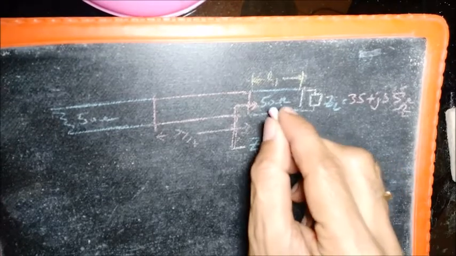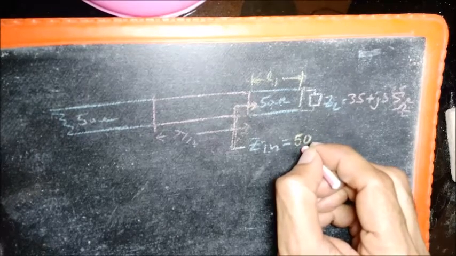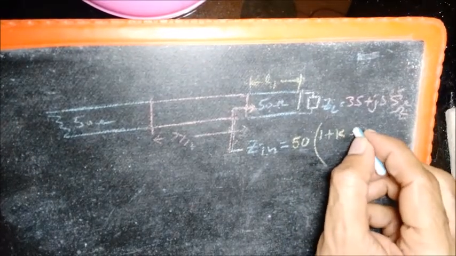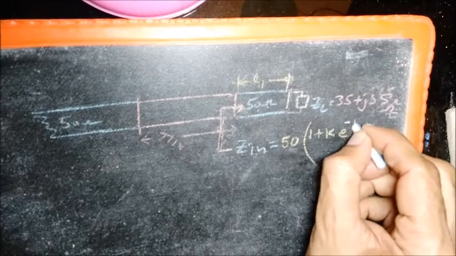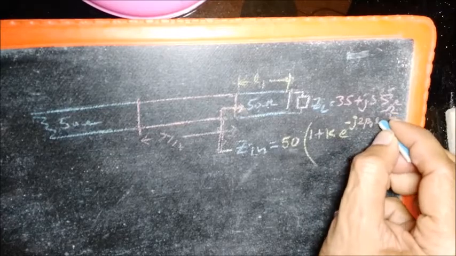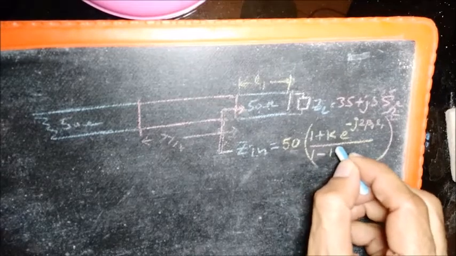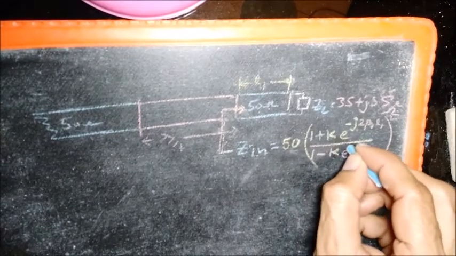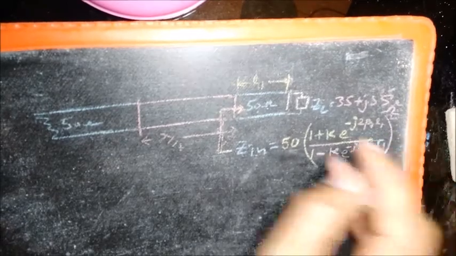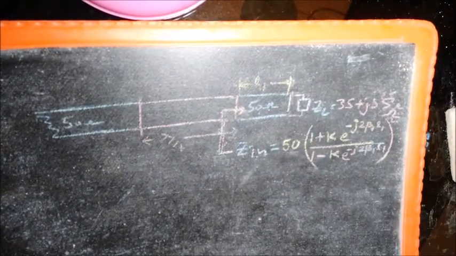So I will straight away write, in place of Z naught I will write 50, in place of R naught I will write 50, times 1 plus K e power minus j 2 beta 1 L1 divided by, please refer to the earlier videos if this formula is not familiar to you. We have been using this minus j 2 beta 1 L1. So L1 is this, beta 1 is the propagation constant in this line, and this is the input impedance.